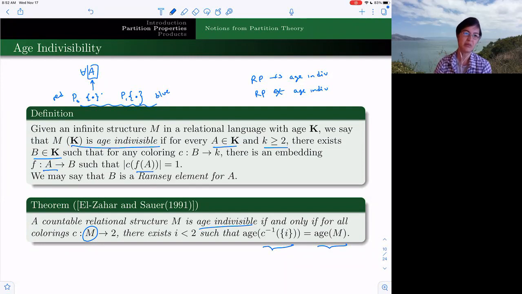So it's kind of a mystery. You have the same theory that is able to take on these 2 or 3 properties, but in general, you don't really see that. So at least for me, I feel like there would be no hope this way. And for the other way, the issue is the Ramsey property is asking for less than age indivisibility.